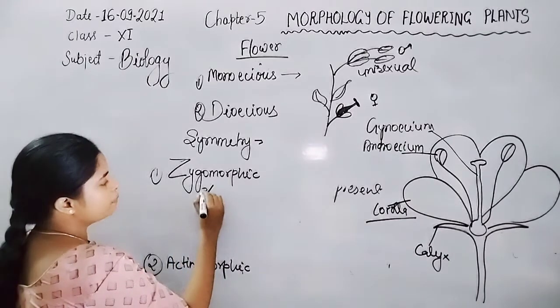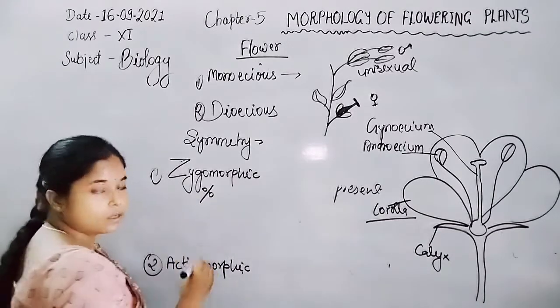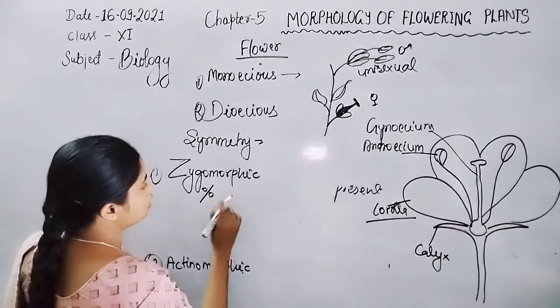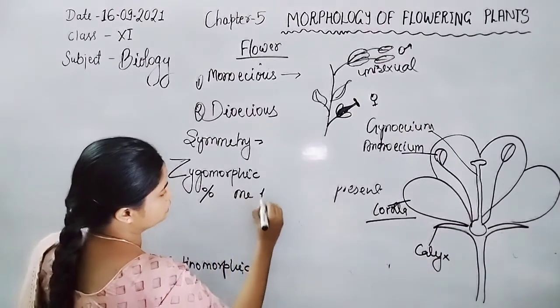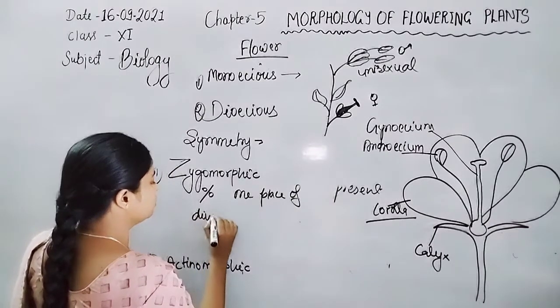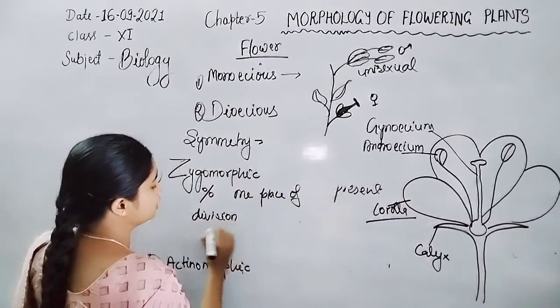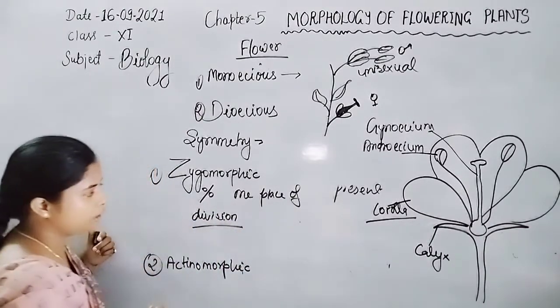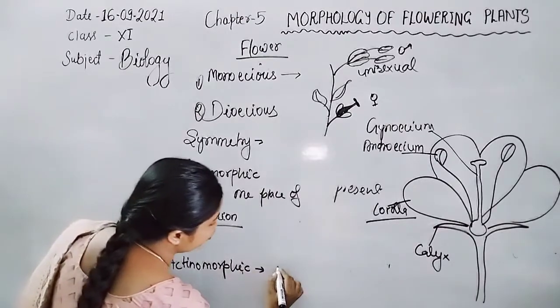In zygomorphic, only one plane of division is present from which the flower can be divided into two equal halves, or there is more than one plane.